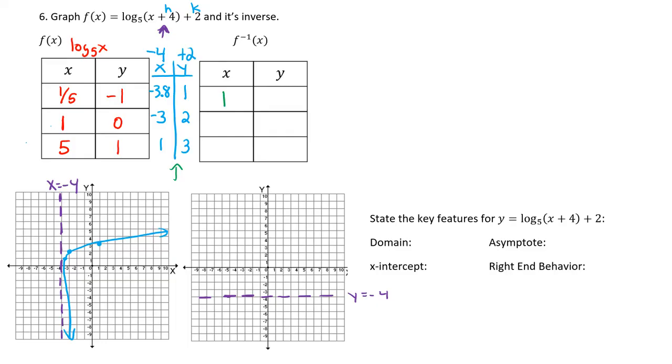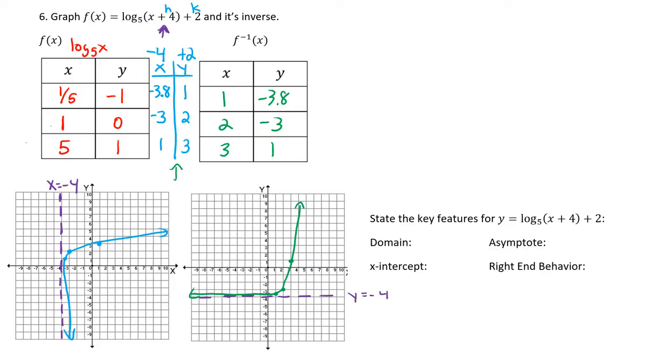So 1, -3.8, 2, -3, 3, and 1. So I'll be at 1 and -3.8, 2 and -3, and then 3, and then +1. And now I just draw my exponential, like so.